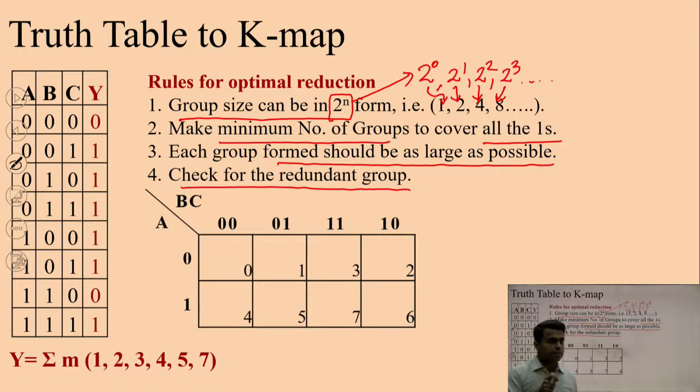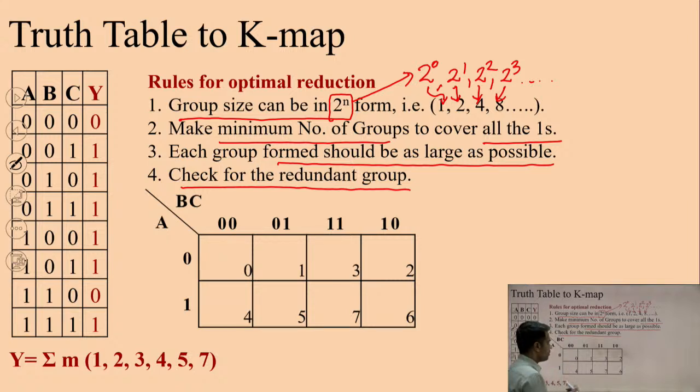This can be easily checked by checking that all the groups should have at least a single one which is only present in that group. That only justifies the making of that group. Otherwise, if a group has 2 ones and both are covered already in other groups, then there is no need of that group. We can simply remove it. That will be the redundant group.